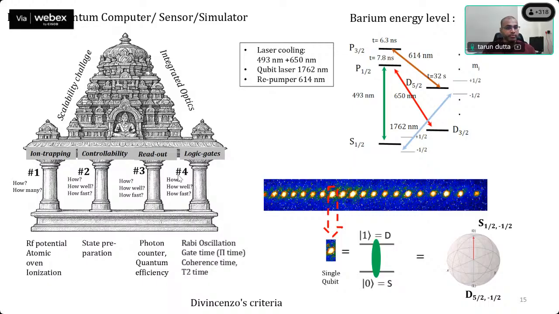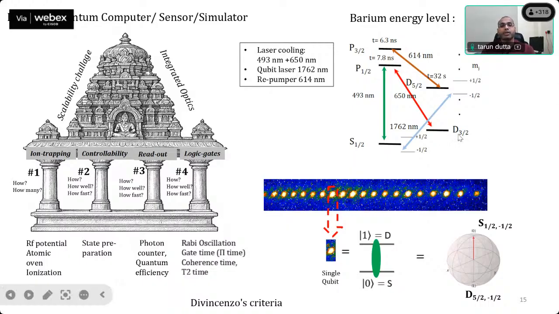Okay, so now let's start with the first pillar. Before discussing ion trapping, the ion I work with is a barium ion, and you can see the energy level diagram over here. These S to P transitions are dipole transitions, so to address them we use a 493 laser.